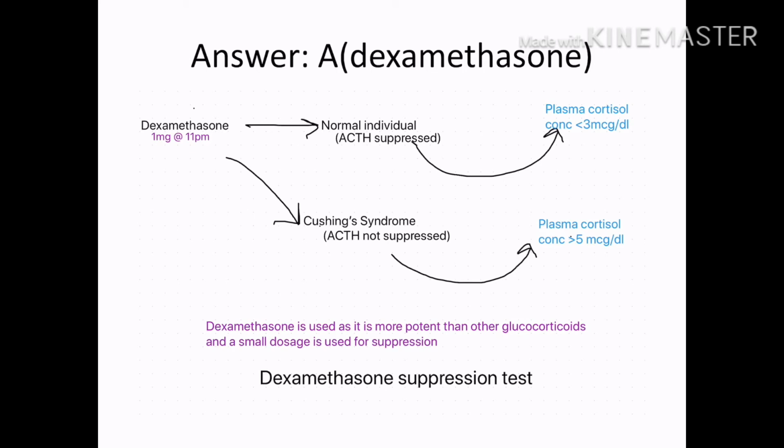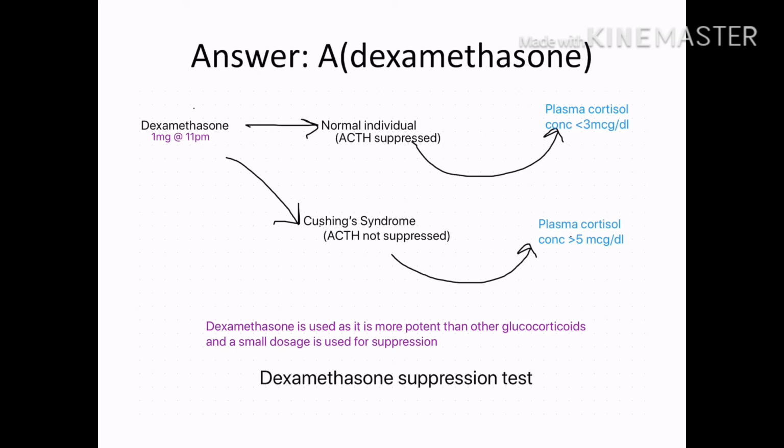In dexamethasone suppression test, 1 milligram of dexamethasone is given at 11 pm at night. In normal individuals, ACTH release from pituitary is suppressed and the plasma cortisol concentration is less than 3 micrograms per deciliter in the morning. However, in a patient with Cushing syndrome in which ACTH is not suppressed, plasma cortisol concentration is greater than 5 micrograms per deciliter.